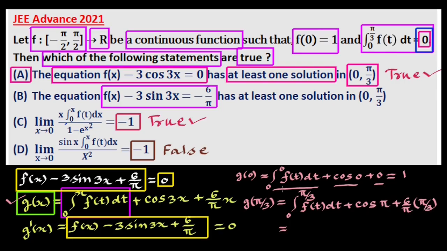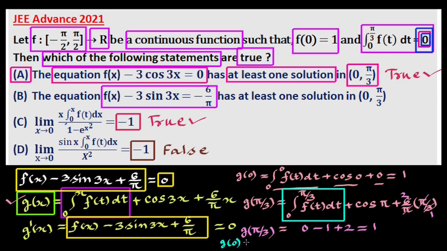The value of this definite integral is given in the question, which is 0 here. So g(pi by 3) is 0 plus cos pi, which is minus 1. Cancelling this pi, 3 ones are 3 and 3 twos are plus 2, that gives 1. Therefore, all the three conditions of Rolle's theorem are followed. g(0) equals g(pi by 3) is 1 and g dash x is 0. Therefore, option B is also true.